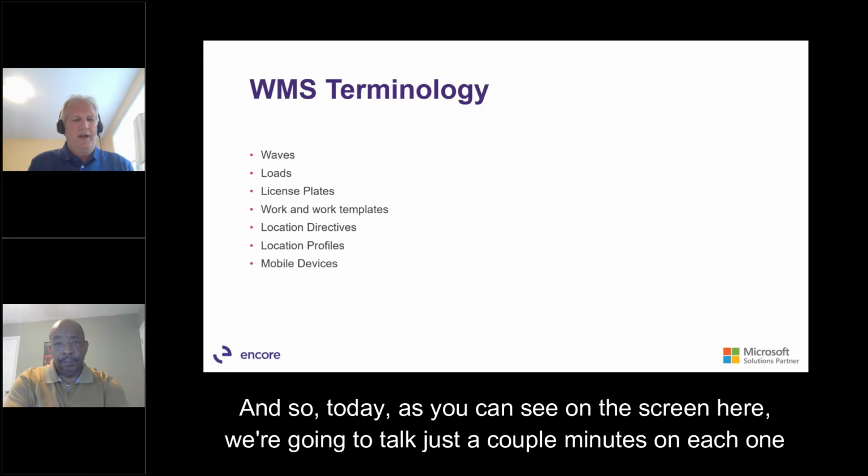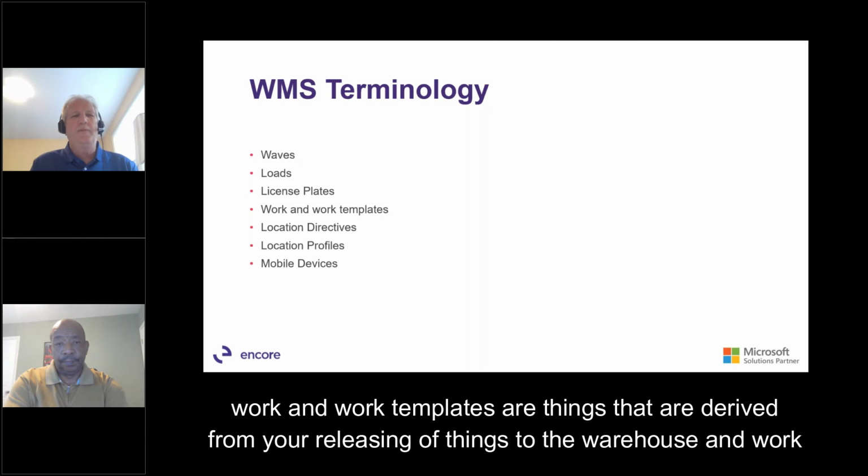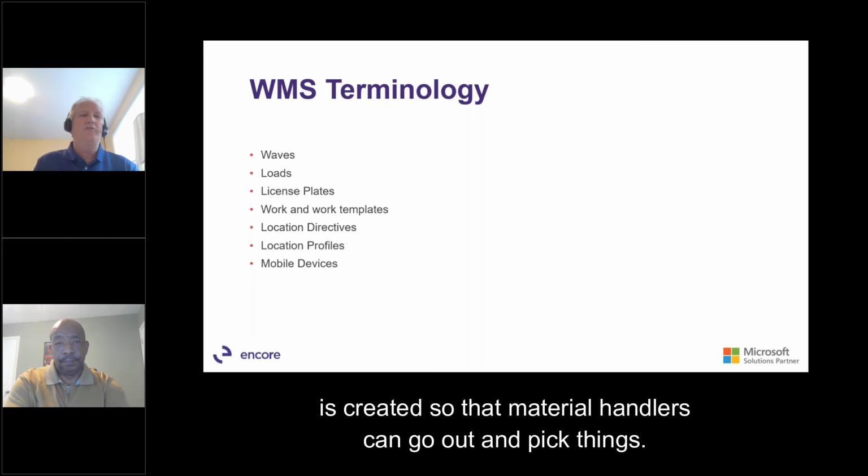So today, as you can see on the screen here, we're going to talk just a couple minutes on each one of these: what is a wave, loads, license plates, which is always a very big functionality for it, work and work templates, which are derived from your releasing things to the warehouse, and work is created so that material handlers can go out and pick things.